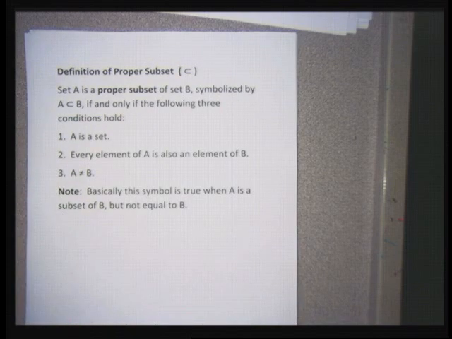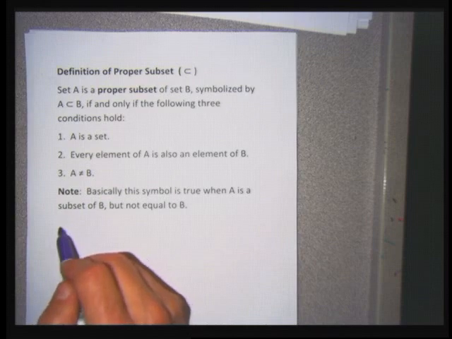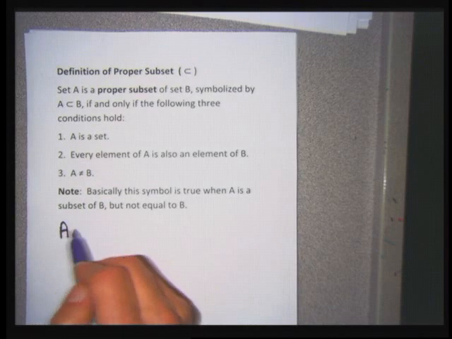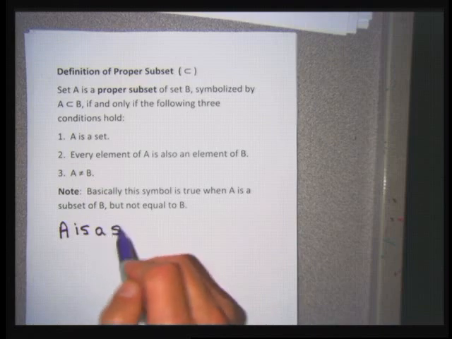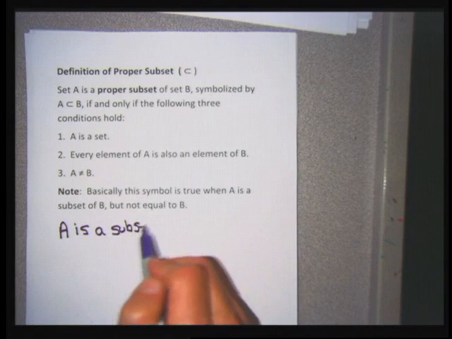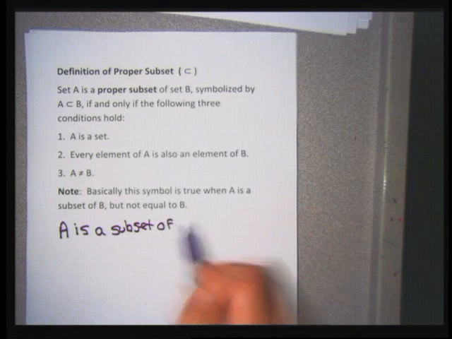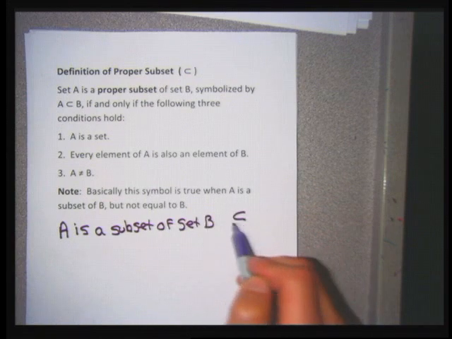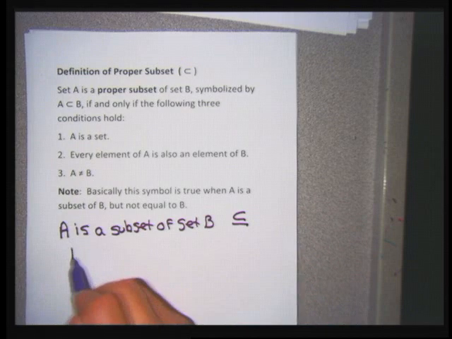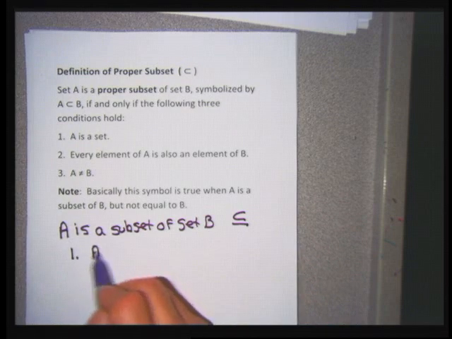So just in case you want to see the difference on the same page, we say A is a subset of set B, symbolized like this, if two criteria are in place.